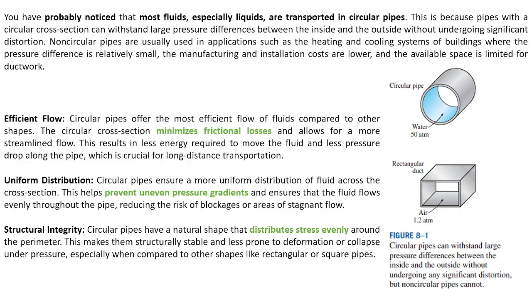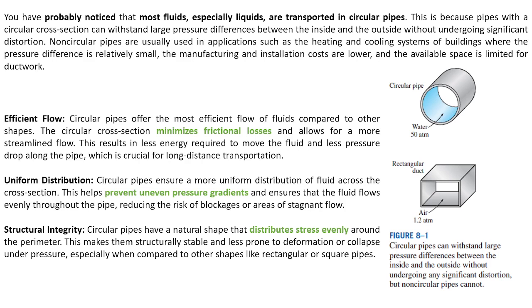So the topic is about laminar and turbulent flow. Before discussing laminar and turbulent flow, let me discuss some basic understanding, then we'll move on to laminar and turbulent flow.